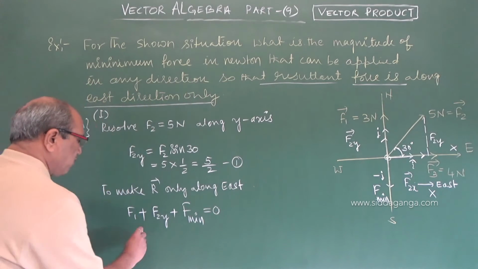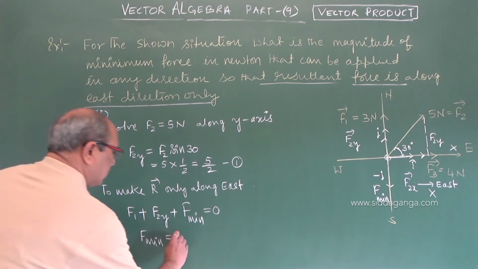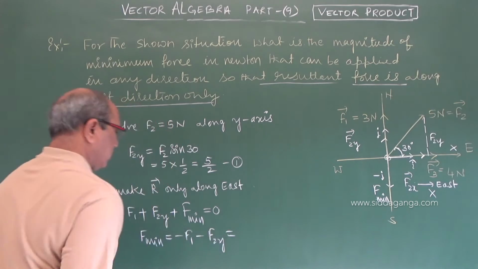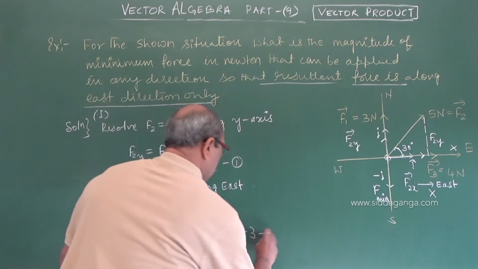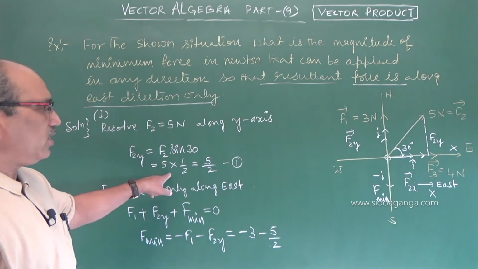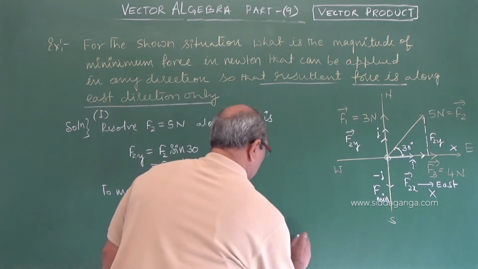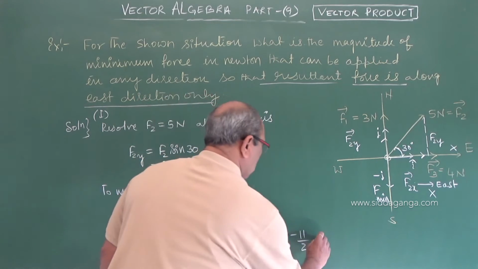Therefore, F minimum can be written as minus F1 minus F2y. Minus F1 is 3, minus 5 by 2. So 3 twos are 6, and 6 plus 5 is 11 by 2 Newton.